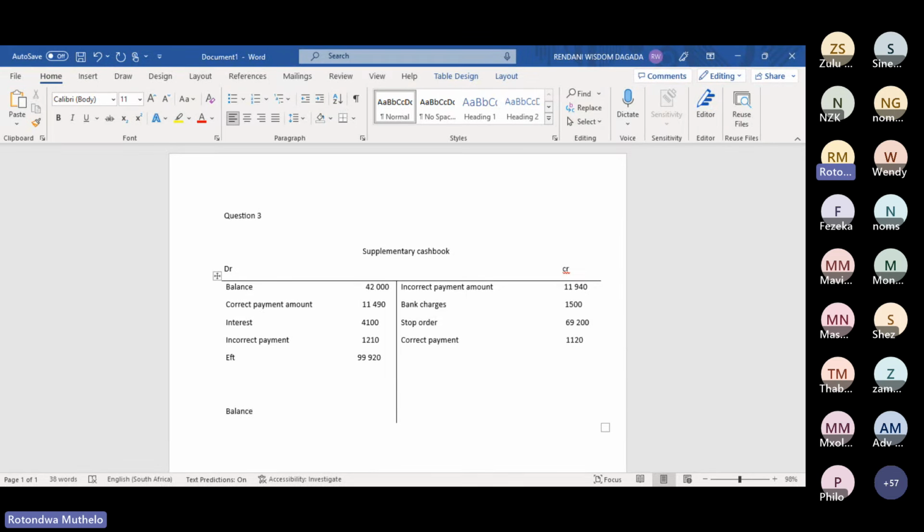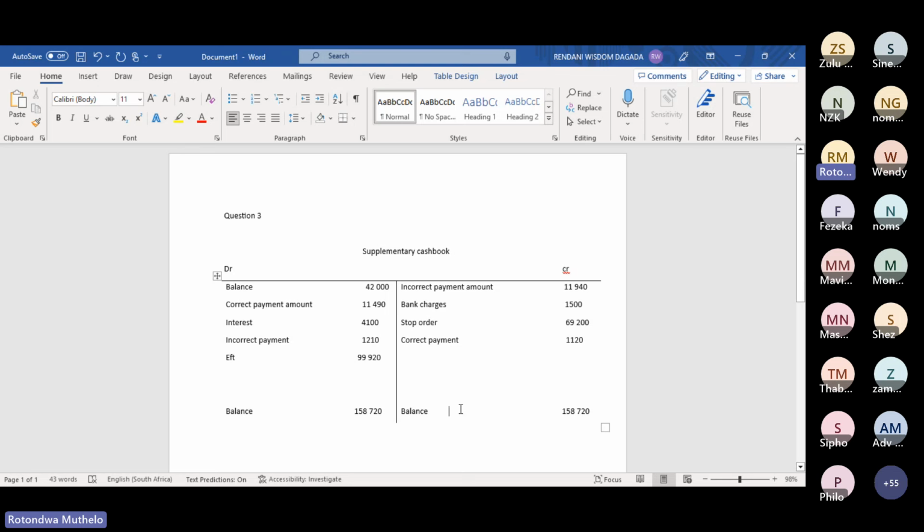When we add them together, they give us 158,720. And then this is gonna be the total for both sides. So the total for this side also is gonna be 158,720.